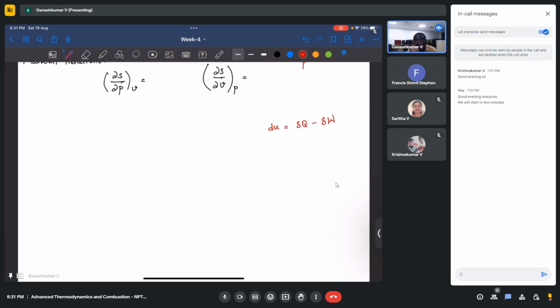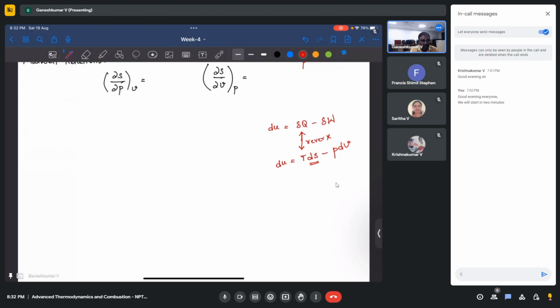But then, with the help of the entropy concept, and since it's a simple compressible substance, we can replace δW with PdV, so we can write this as TdS minus PdV. When you do that, you might say it is only for reversible processes, but it is not. It is true for irreversible processes also, because what you are finding is the change in entropy, which is a property of the system.